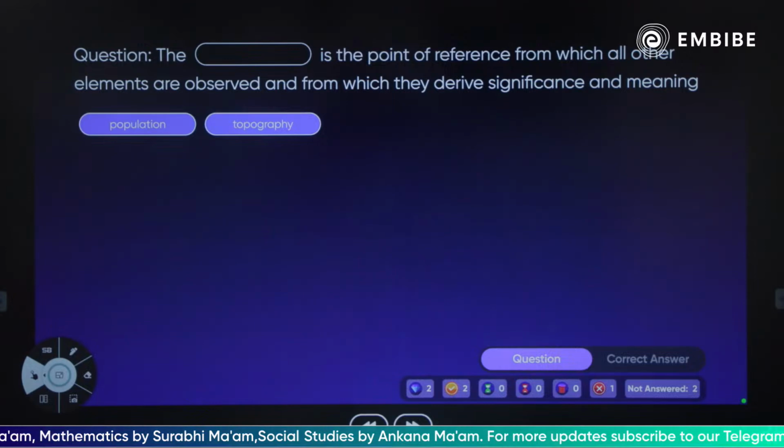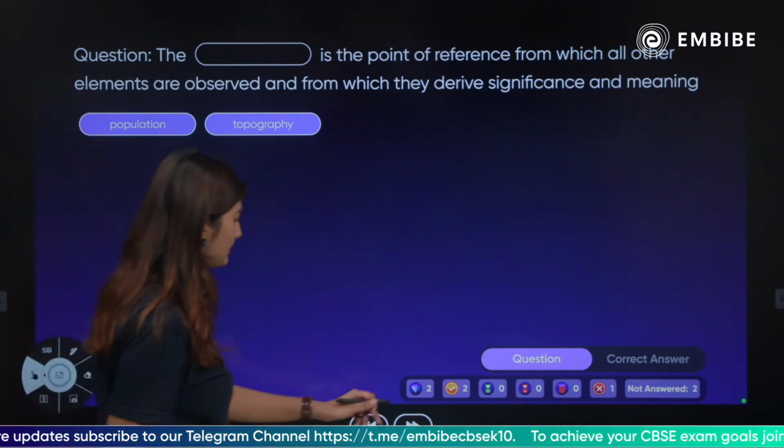What is the point of reference from where we take all the elements for our observation, and their importance and meaning is derived, whether it be natural disasters or natural resources?